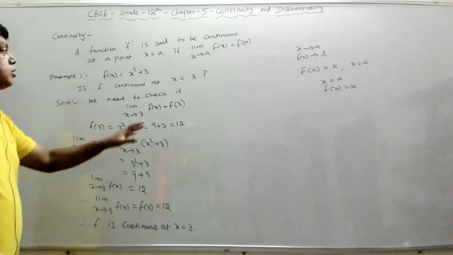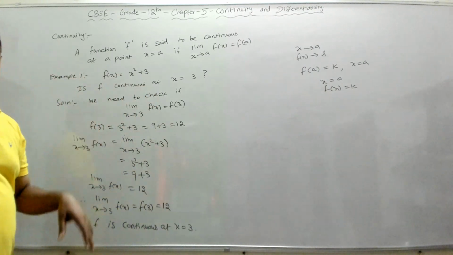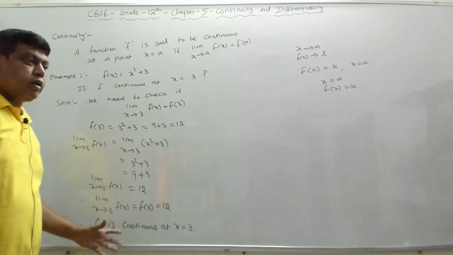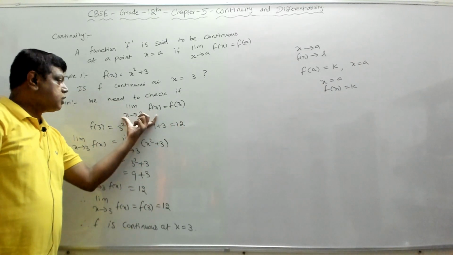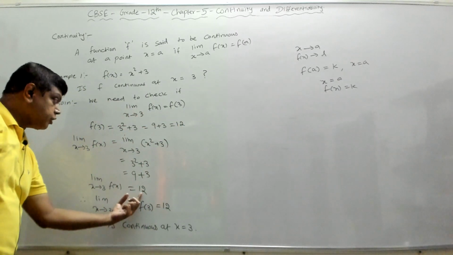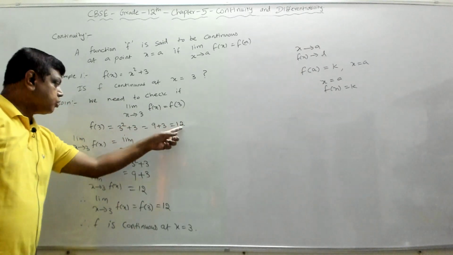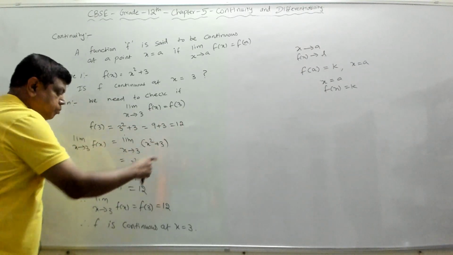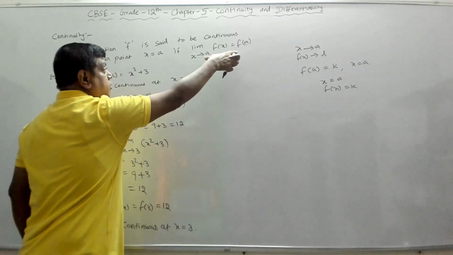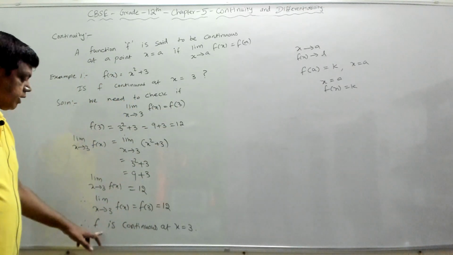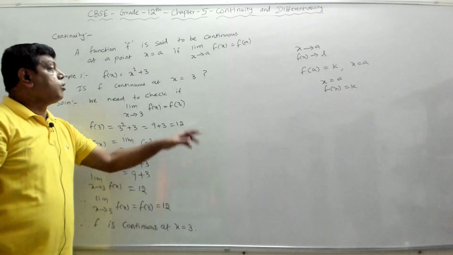At the point x is equal to 3, this function is continuous, because the limit of f of x matches f of 3, both 12. So this condition is satisfied, and f is continuous at x equal to 3.